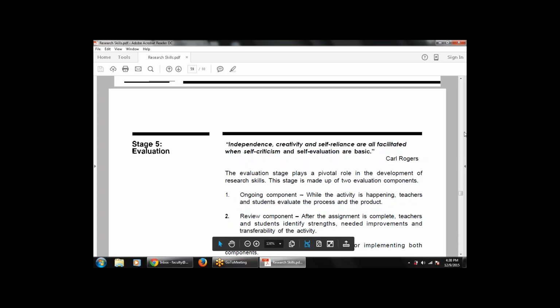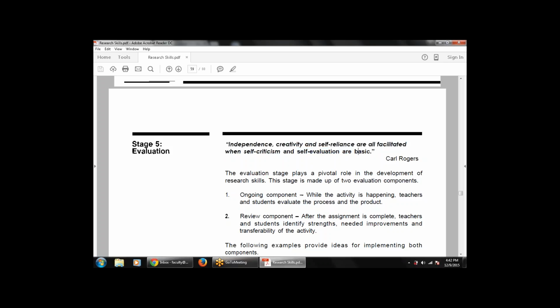The next is stage number 5, that is evaluation. This says independence, creativity and self-reliance are all facilitated when self-criticism and self-evaluation are the basic.